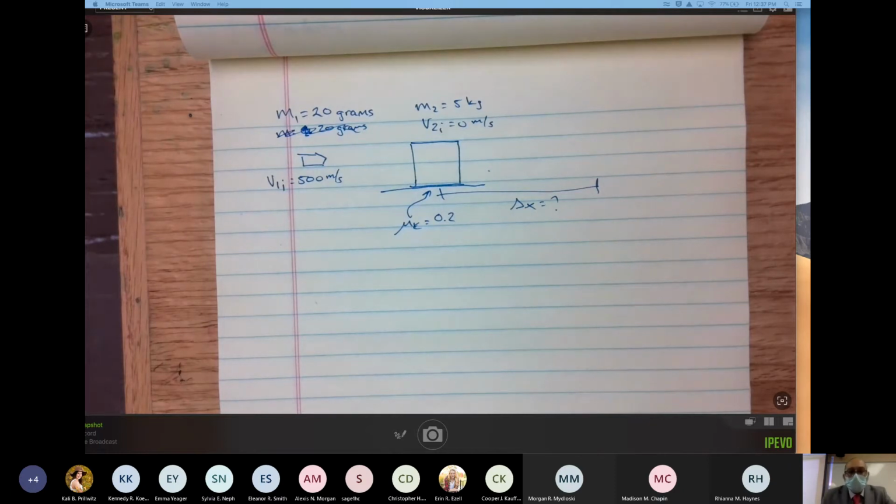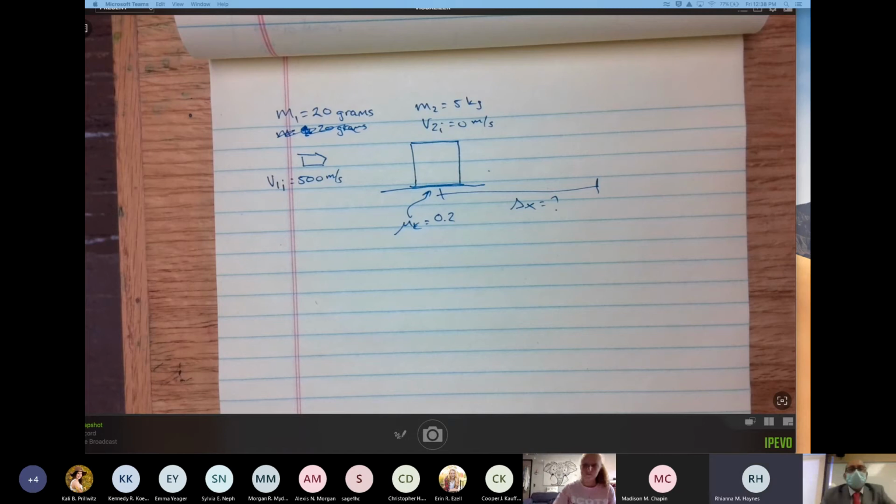Alexis, Russell, can you show me your work? Yeah, you got the acceleration correct, and okay, you're still working on the other part.